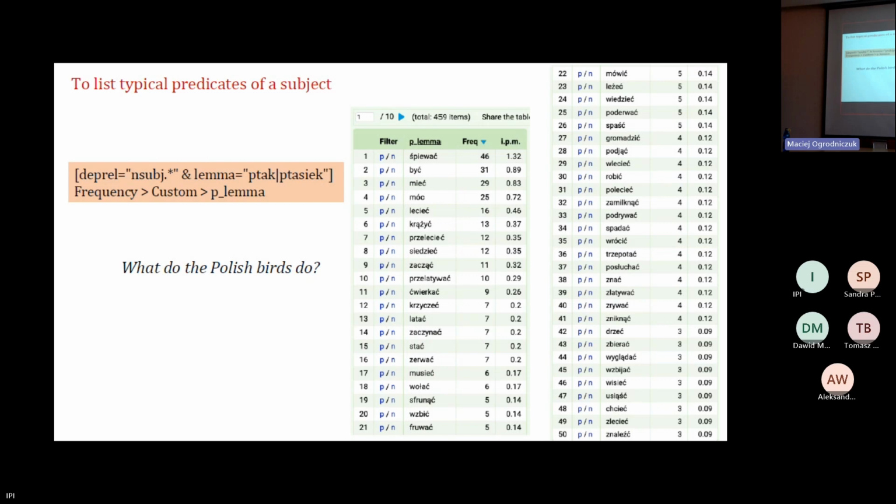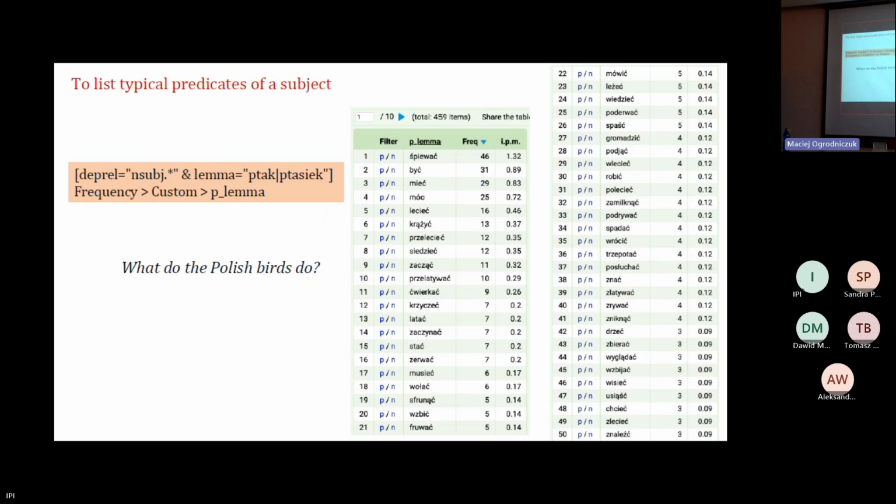To list typical predicates of a subject, so the other way around. You always have to go from the daughter upwards, because you don't have this annotation of what all the daughters can be. You only have it for auxiliaries and function words, but you can do it the other way around.